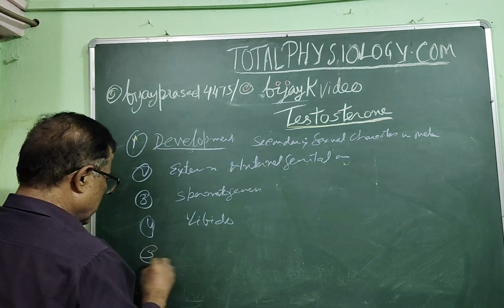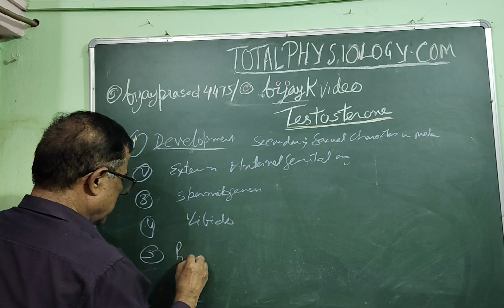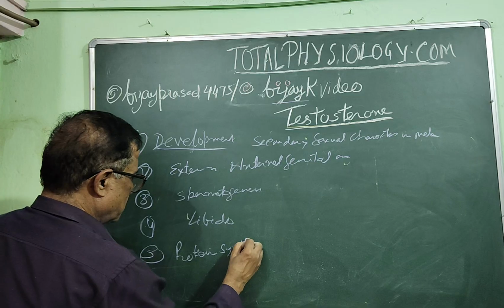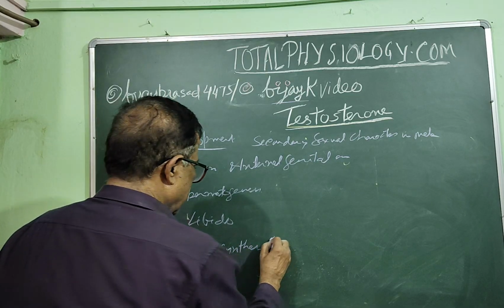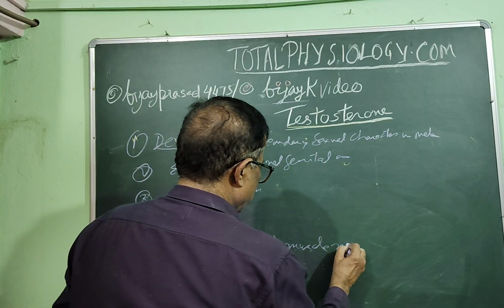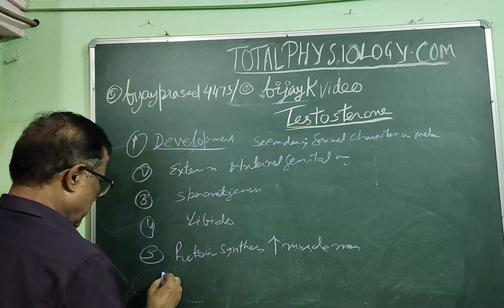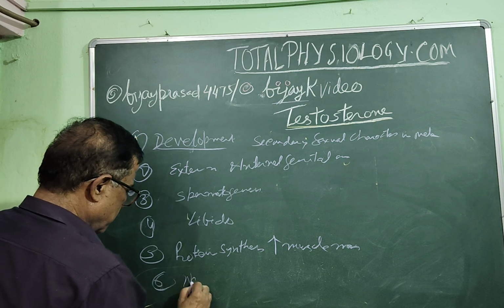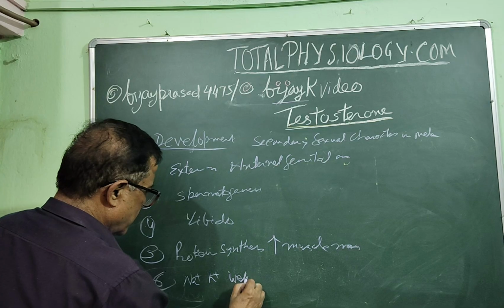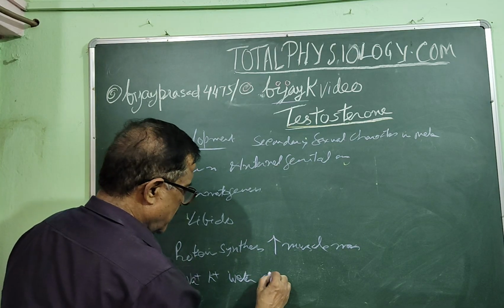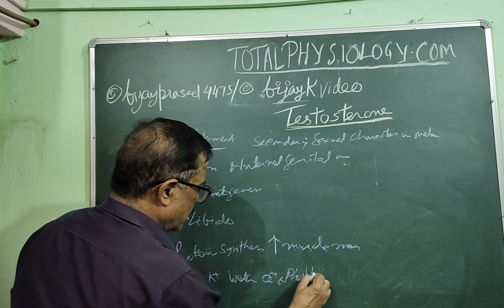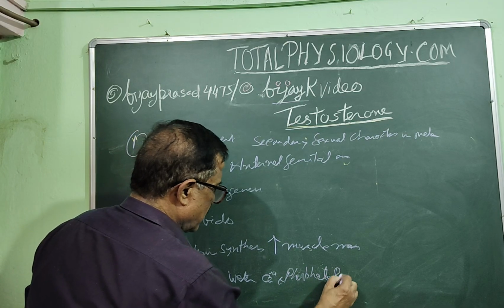Then the effect on muscles: protein synthesis increases, increasing muscle mass. It causes sodium, potassium, water, calcium, and phosphate retention.